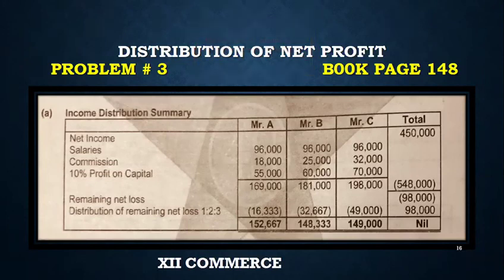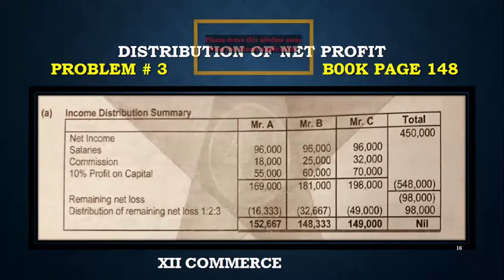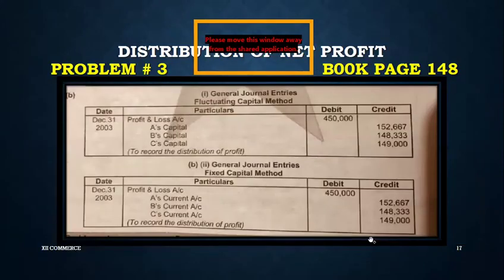Yes, you have to consider this point in your mind that whenever we are making the journal entries for the profit and loss, we should consider whether we are distributing our profit or we are distributing our loss. So the journal entry for this we are making, I proceed further. Yes, we have profit and loss 450,000 we are distributing, and we have the capital balances 152.